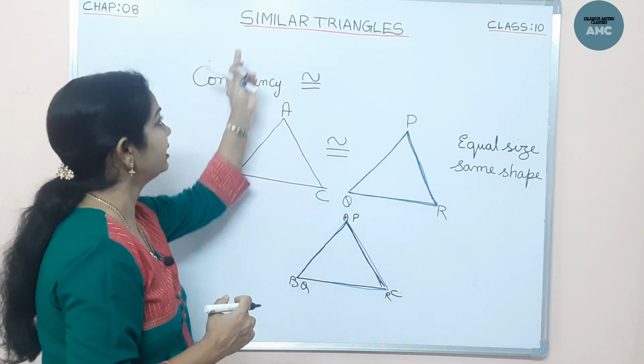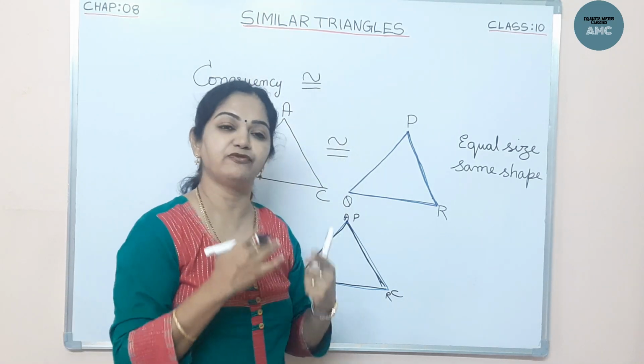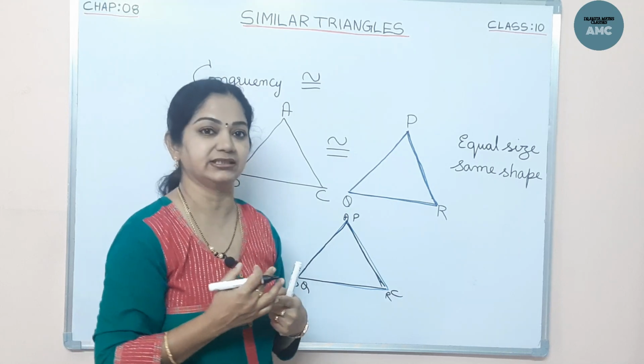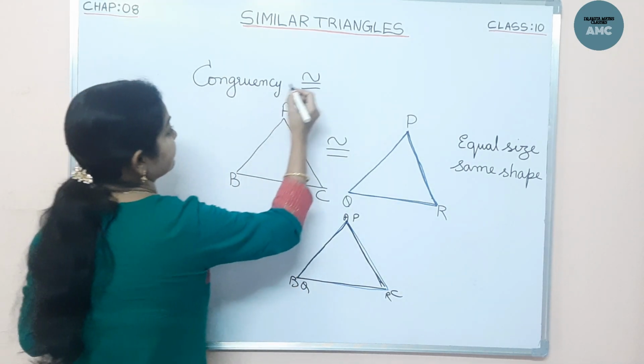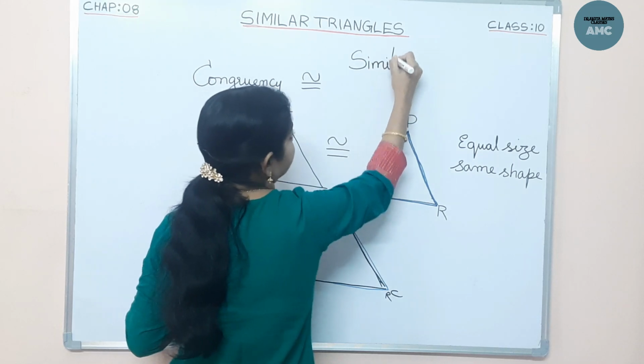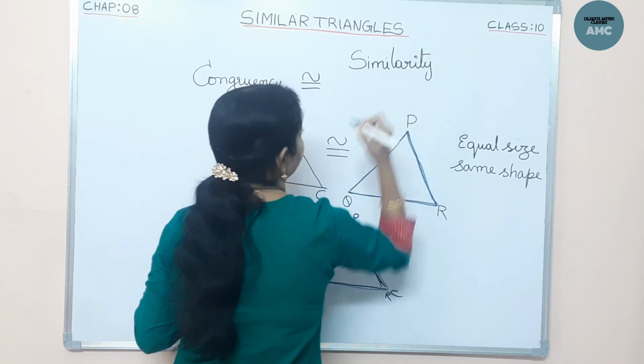Now, today in our class, the core topic is similar triangles. But before going into the similar triangles, let us know what is the similarity. What do you mean by similarity? Now, similarity of figures, geometric figures or any figures.